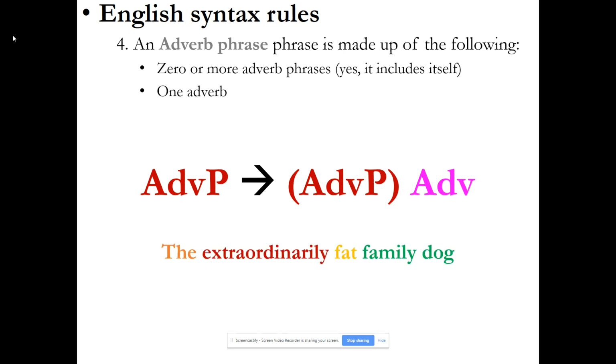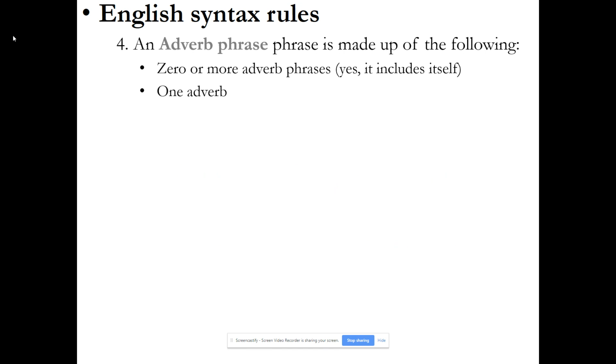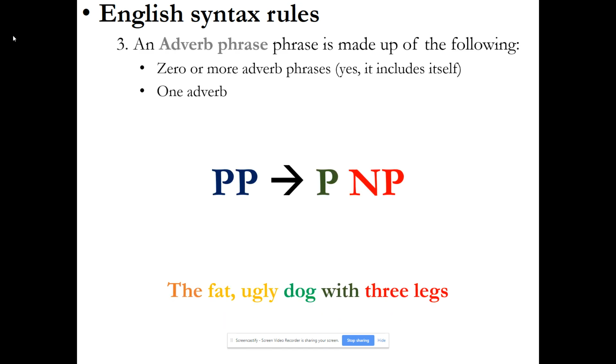Alrighty. I'm going to hop back here because I need to tell you about the prepositional phrase. You should have this one marked prepositional phrase, and that's where it's going to go in your notes, right? A prepositional phrase is composed of one preposition plus a noun phrase, right? One preposition plus a noun phrase. Be sure you pause right now and get that in your notes.